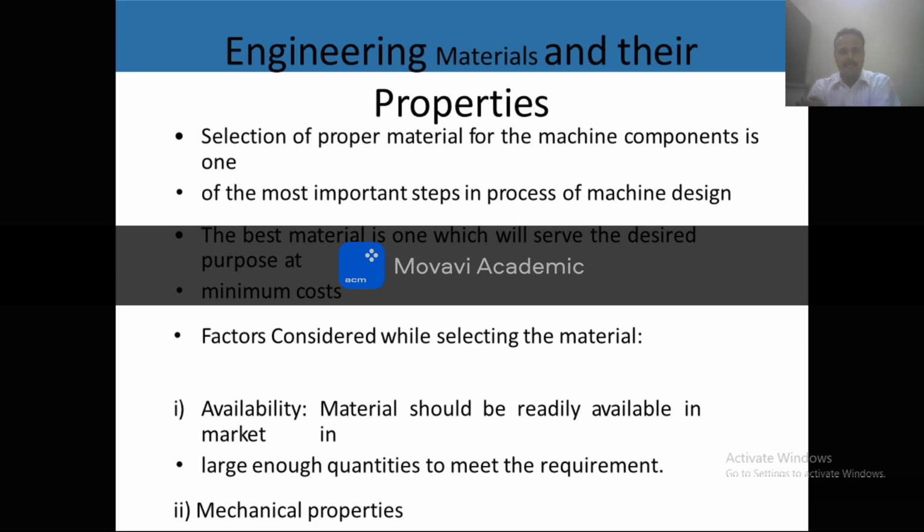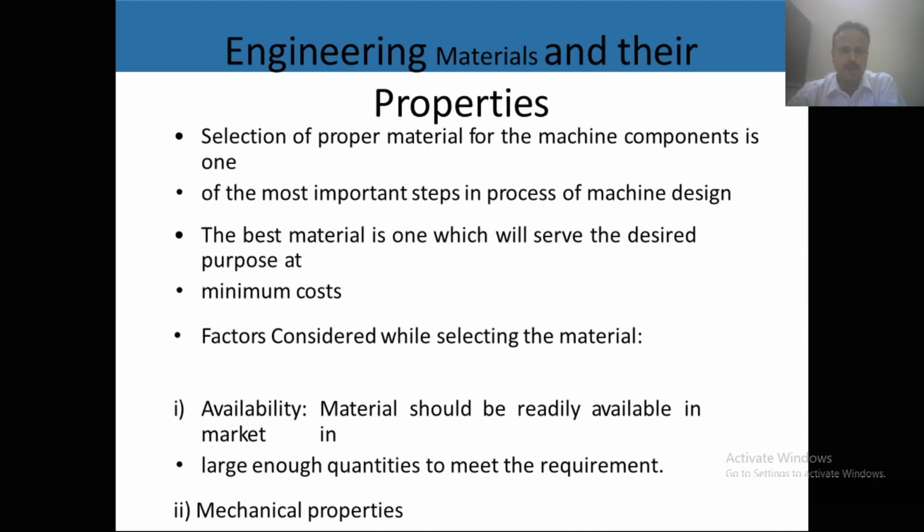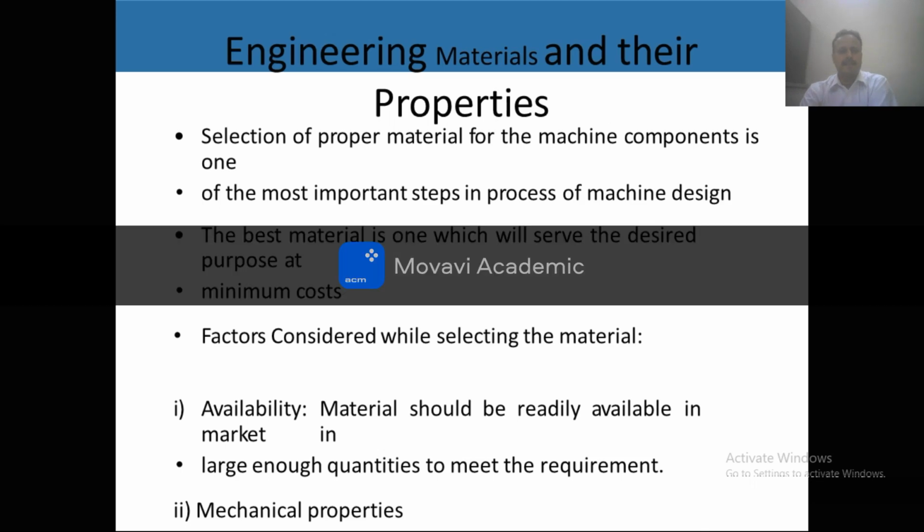Now, coming to the materials and their properties, the materials that we take as a basis for design, there are certain best suited characteristics that we desire. One is availability.